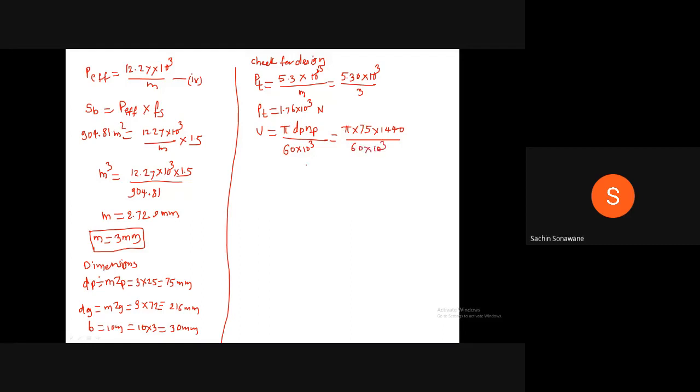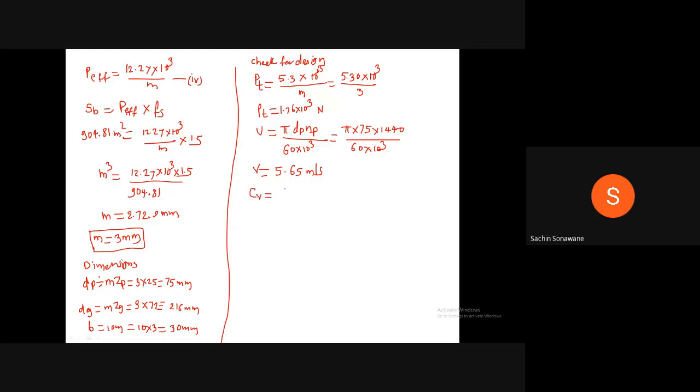Therefore, calculate v. V is 5.65 meter per second.